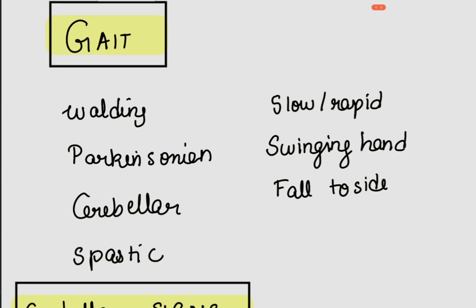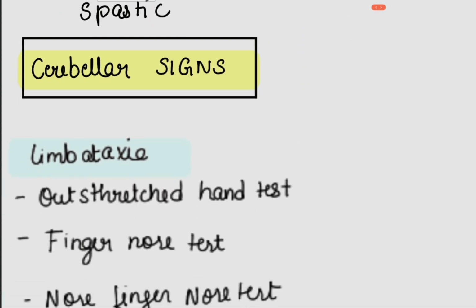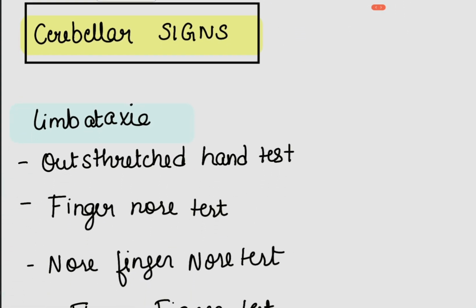After that, we have gait. Look for gait such as Parkinsonian gait, waddling gait, spastic gait, and even observe for slow, rapid. How was the nature of it? Look at the swinging of the hand and was there any fall to the side? Then cerebellar signs such as limb ataxia.